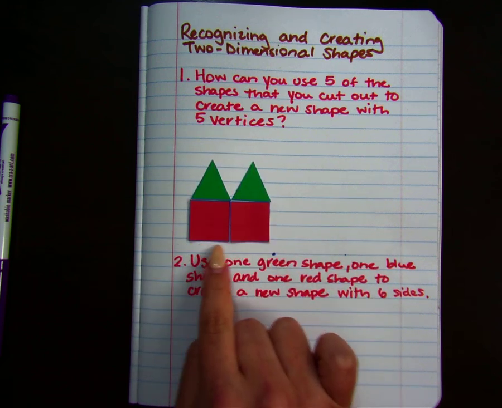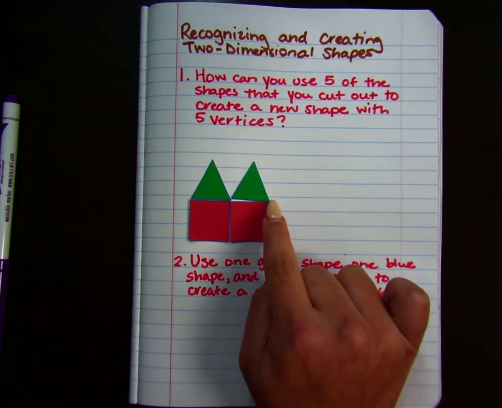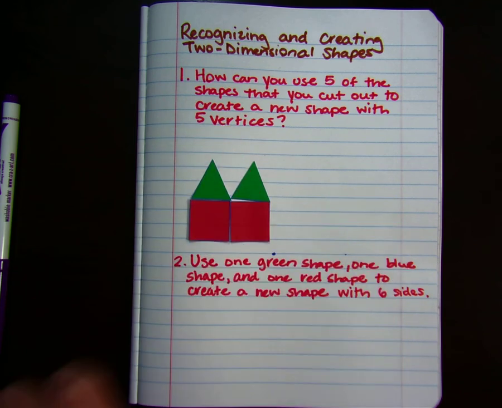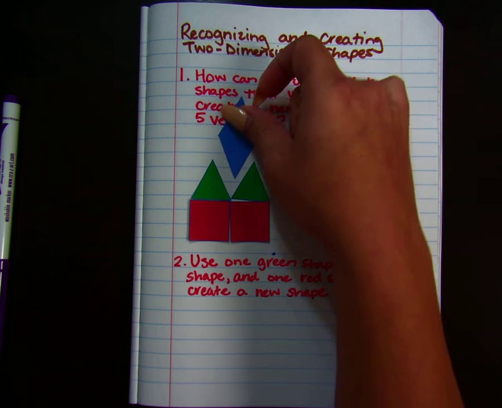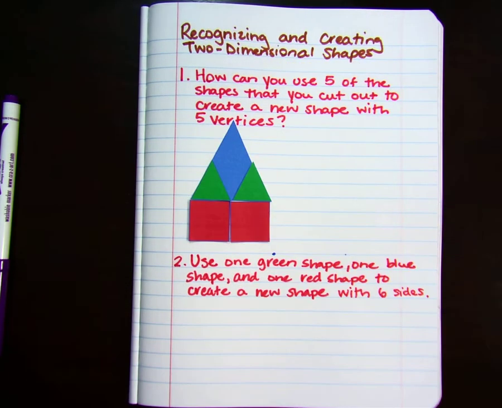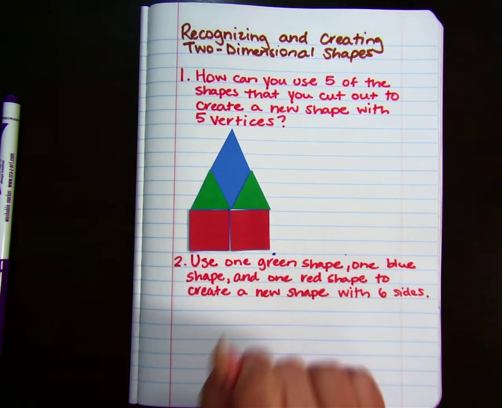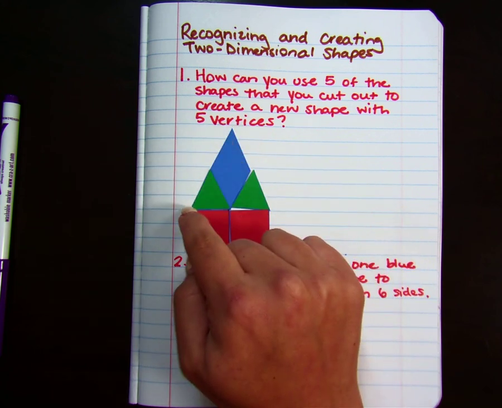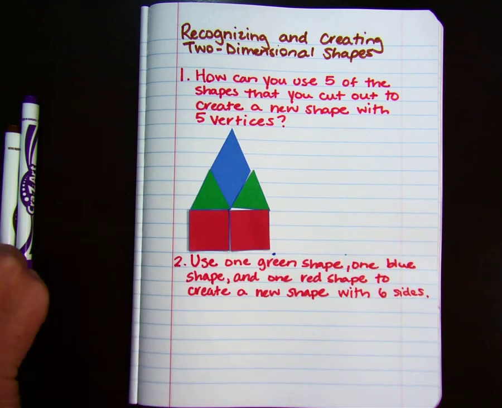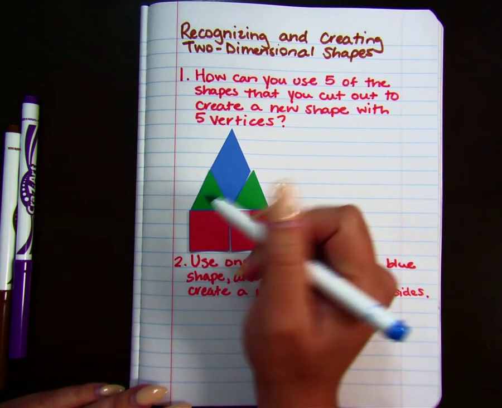We have 1, 2, 3, 4. We need one more. And let's count. We have 1, 2, 3, 4, 5, which is exactly what this question asked us.